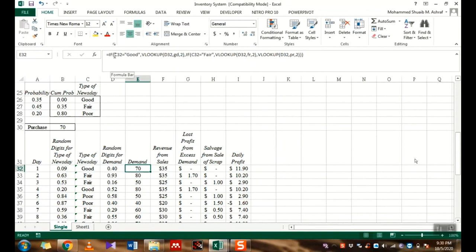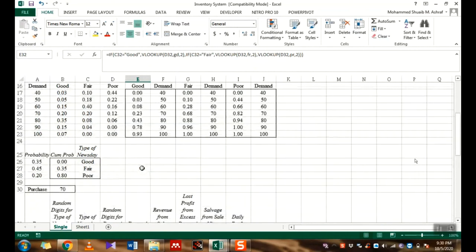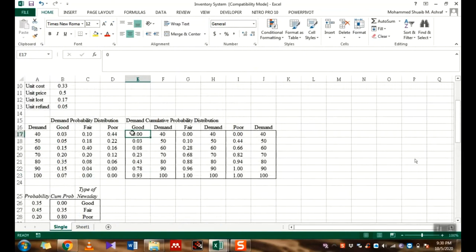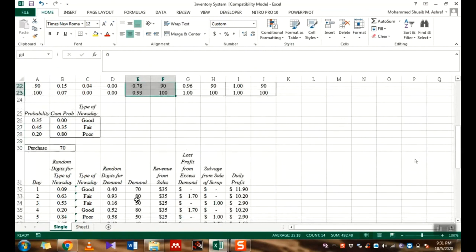See, if the type of news day is equal to good, I will search for this, and I will pass the column index 2. So I will get the demand for good.